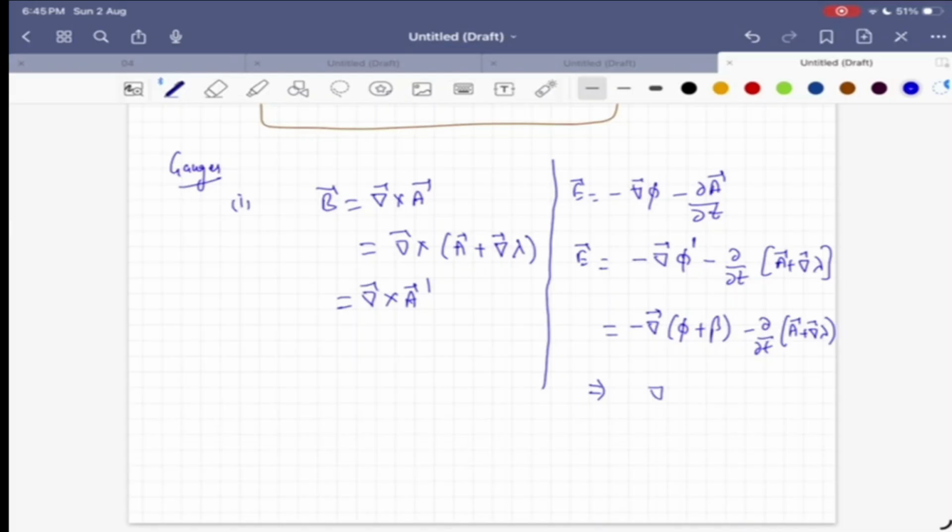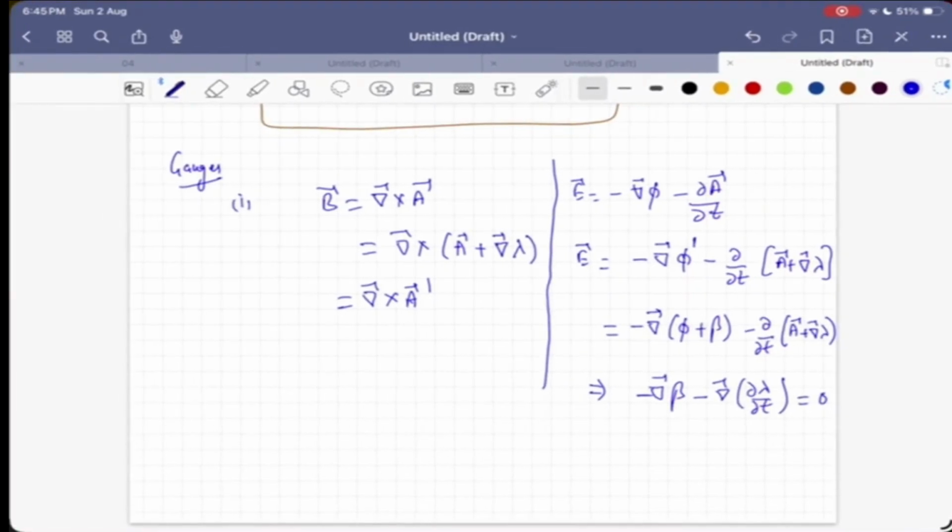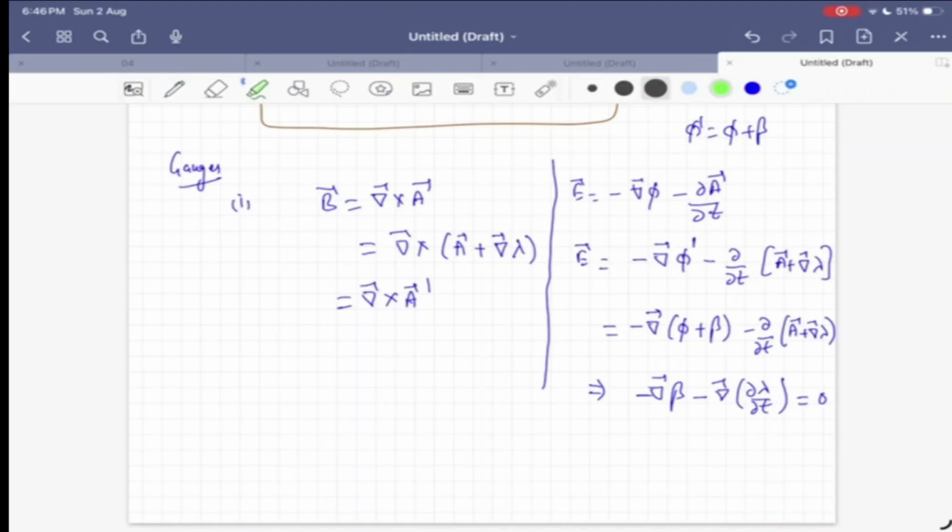It means that minus grad beta and minus grad del lambda by del t should be equal to 0. Only then will it give you the same E. We have changed A to A prime and phi to phi prime, such that phi prime is phi plus some beta, but with the condition that this thing should give a value of 0.